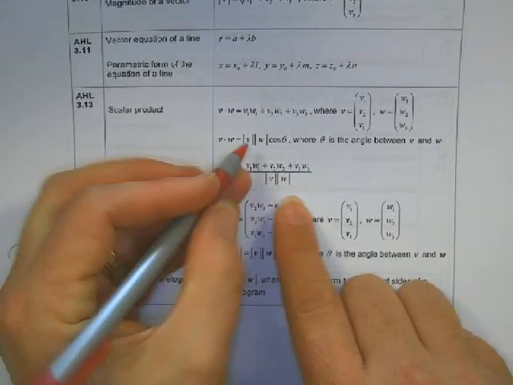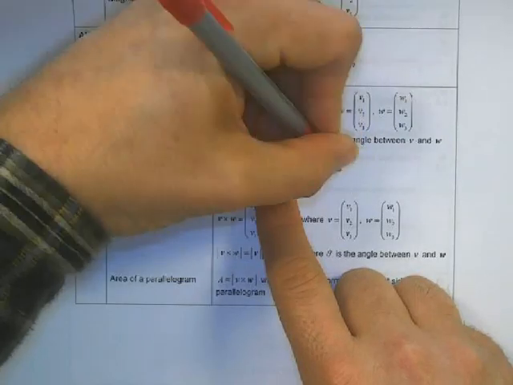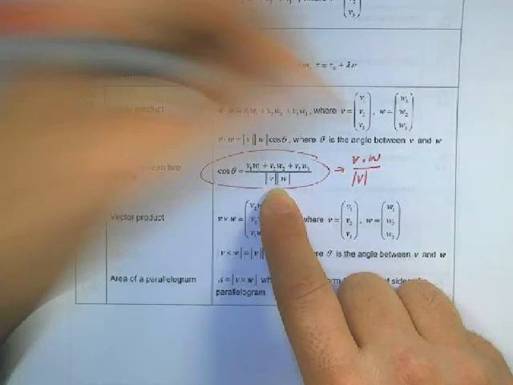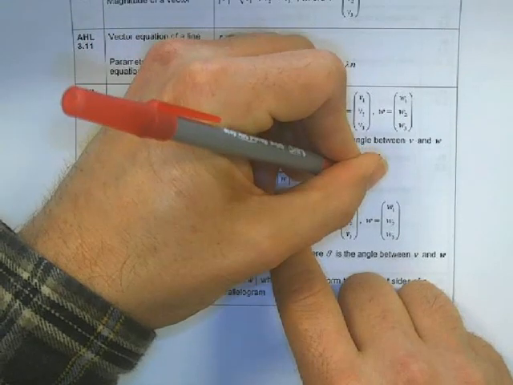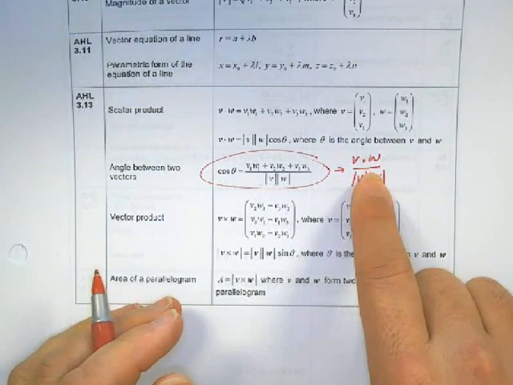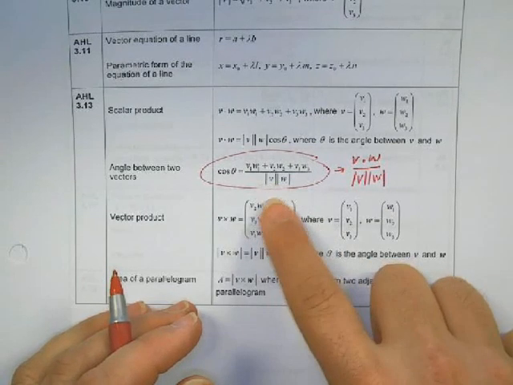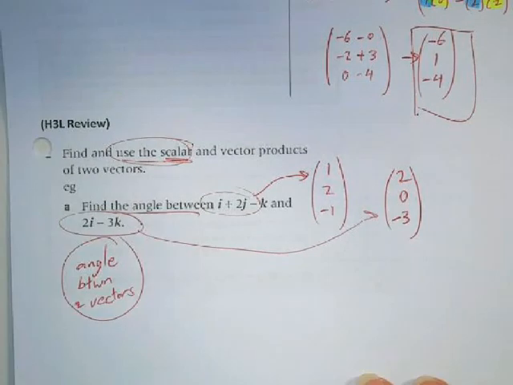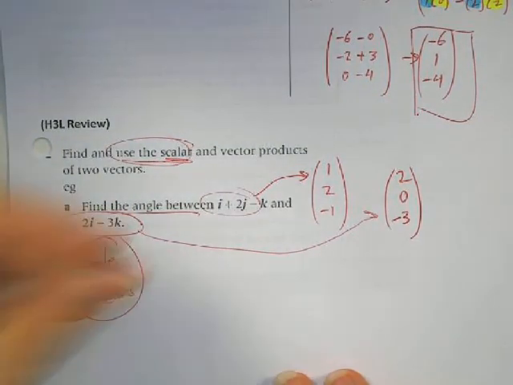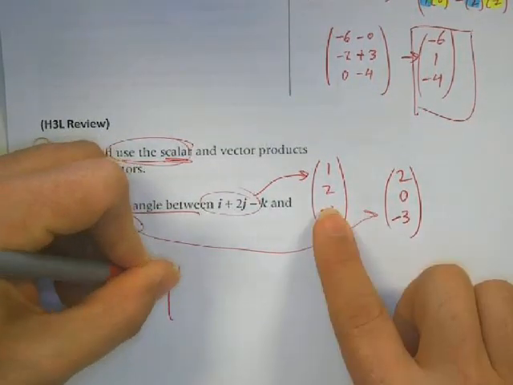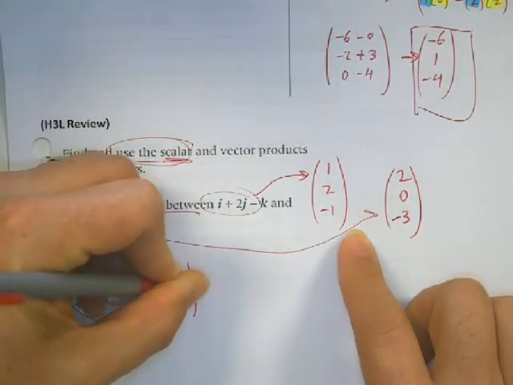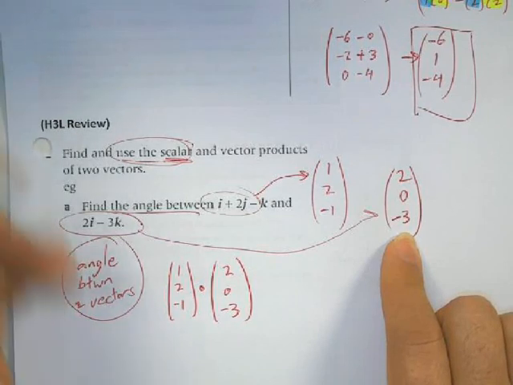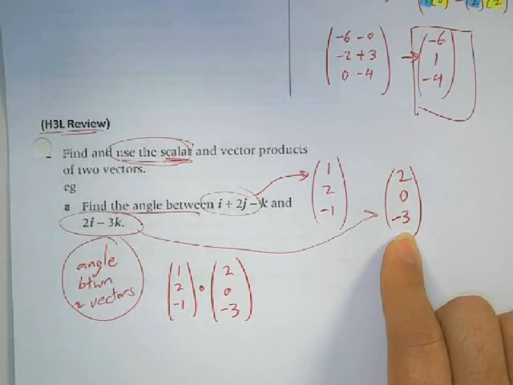Now what this top part is saying is v dot w over the magnitude of v and the magnitude of w. So we're going to find the dot product of the two vectors, and we need to find the magnitude of v and the magnitude of w. So let's do that right now. You may want to look at H12A to review this process if you've forgotten.